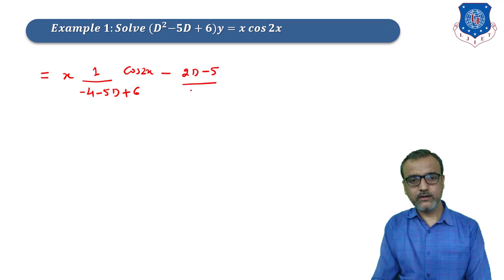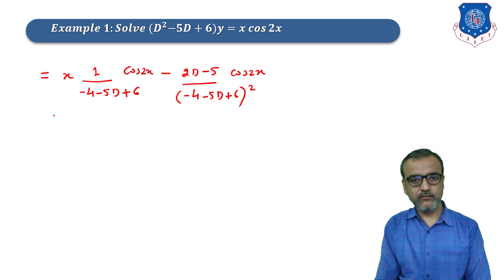In the denominator we will replace d square by minus 4, minus 5d will be as it is, plus 6 will be as it is, and its whole square, and then after cos 2x will be as it is.